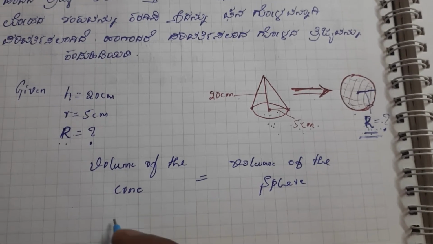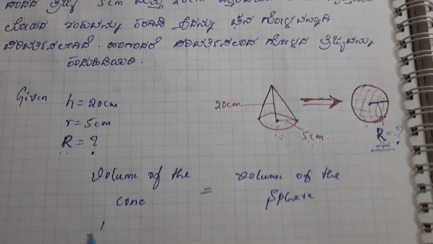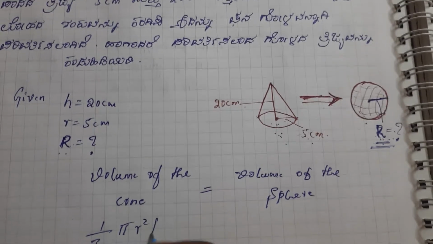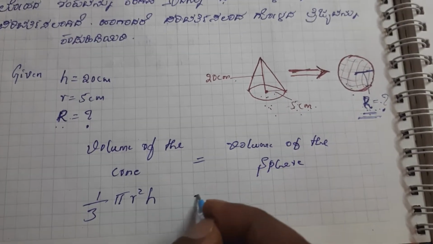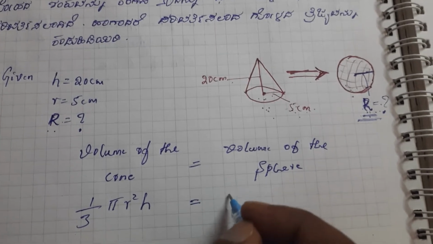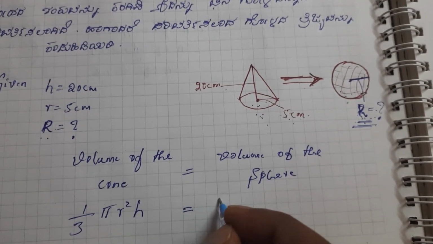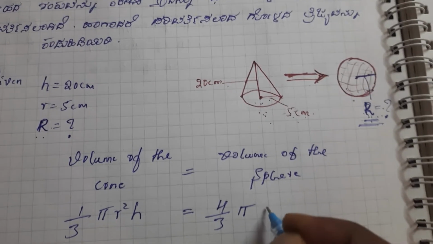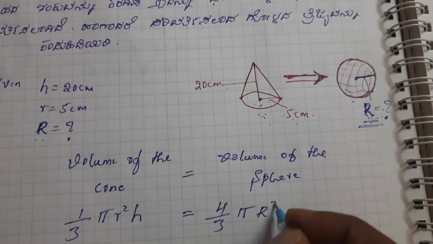What is the volume of the cone? That is 1/3 pi r square h is equal to, what is the volume of the sphere? That is 4/3 pi R cube.